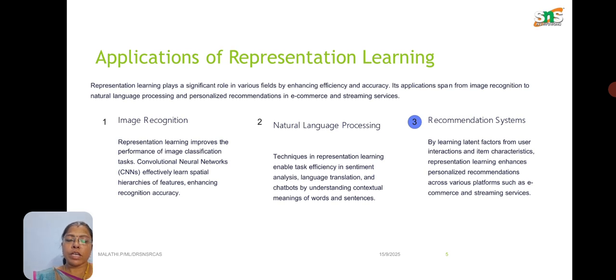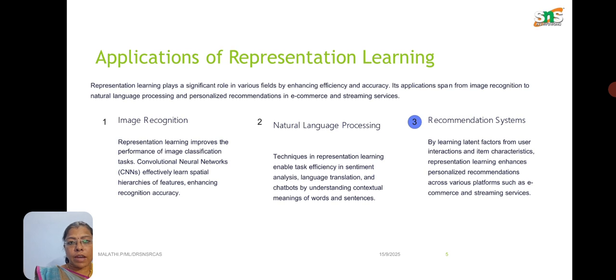Next, we are going to see about the applications of representation learning. Mostly we are using representation learning in various fields such as image recognition, natural language processing, and recommendation systems. In the real world itself we have so many models related to image recognition.